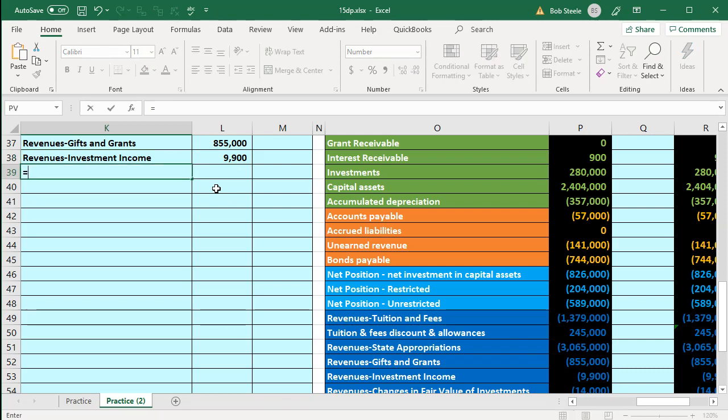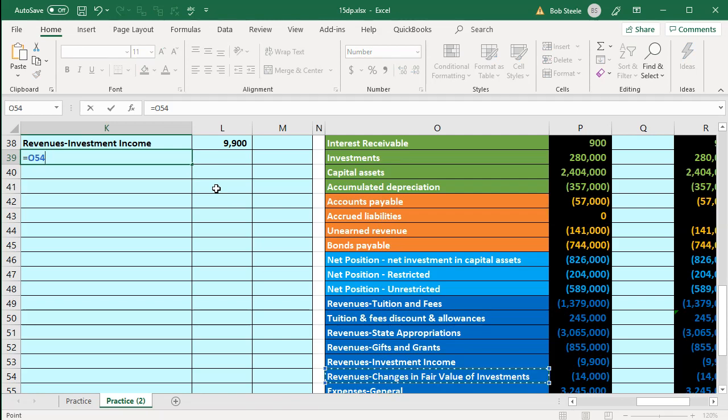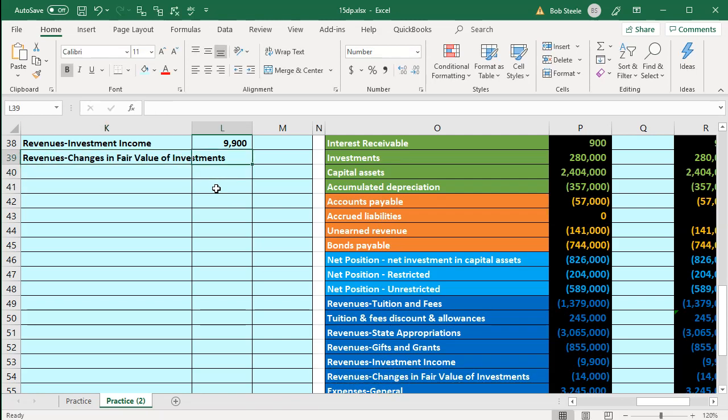And then the next account we're going to have is going to say equals, and we'll scroll back down to the revenue changes in fair value of investments. So that's a credit. So we need to debit it. We are in L39. We're going to say negative of that 14,000 and enter.